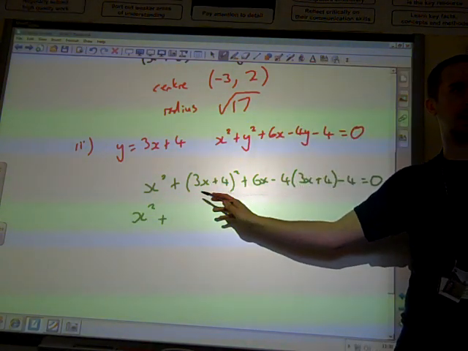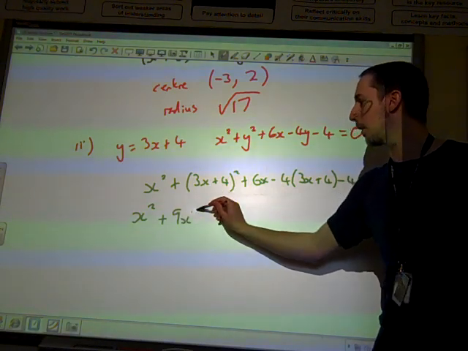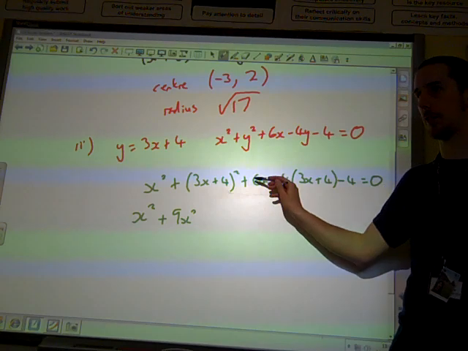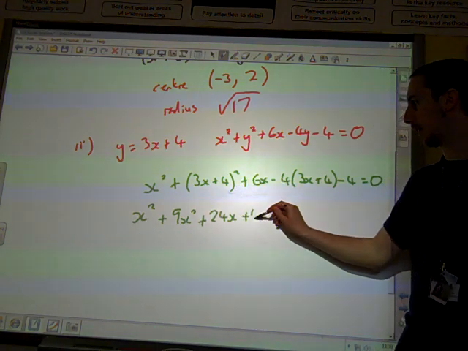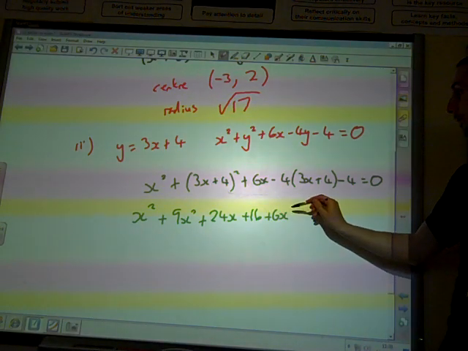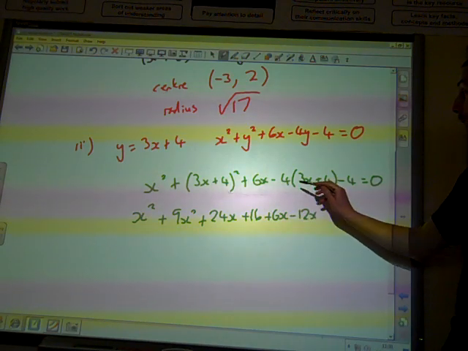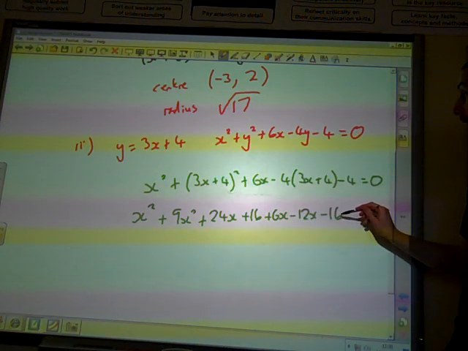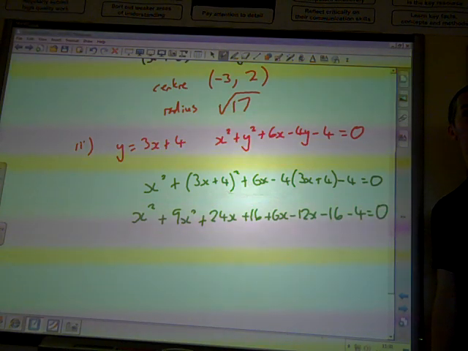Squaring out this bracket it's going to be 9x squared plus 12x plus another 12x plus 16. We've got a plus 6x. We've got a minus 12x there. We've got a minus 16 and a minus 4 is 0. Are you happy with that? You checked that through, is that right?